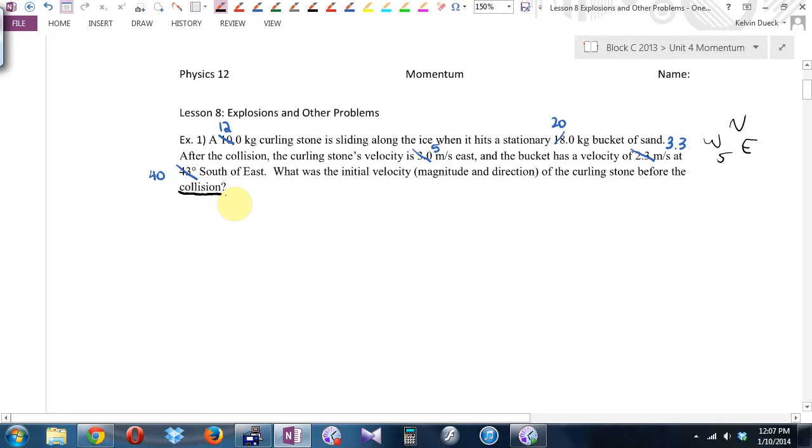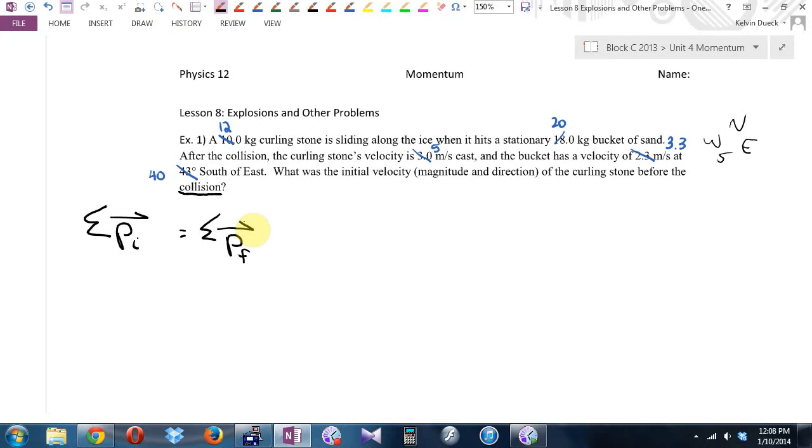Well, let's start by going: the sum of all the initial momentum equals the sum of all the final momentum. Right?